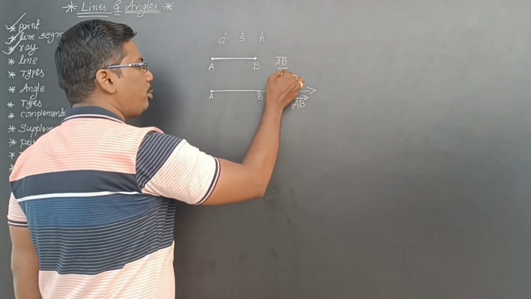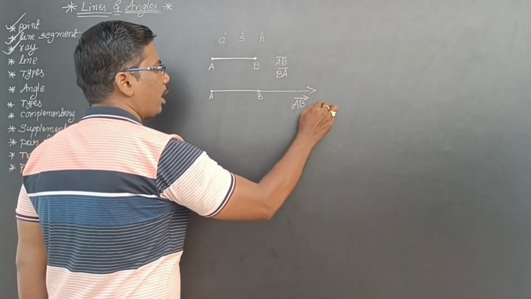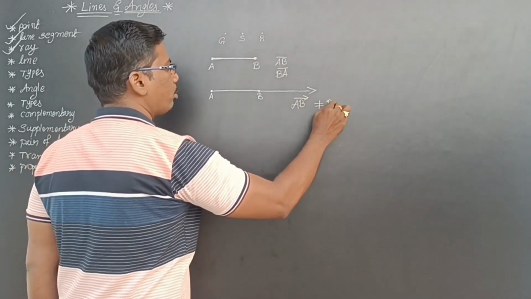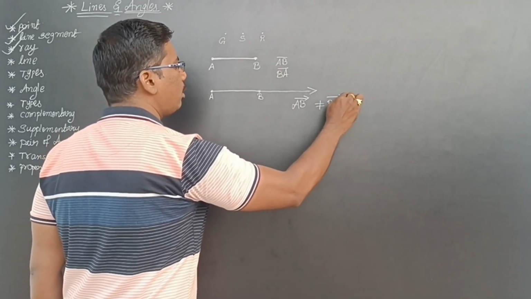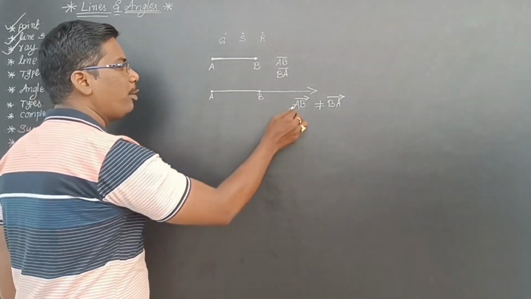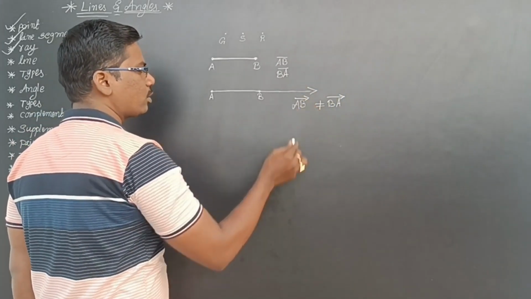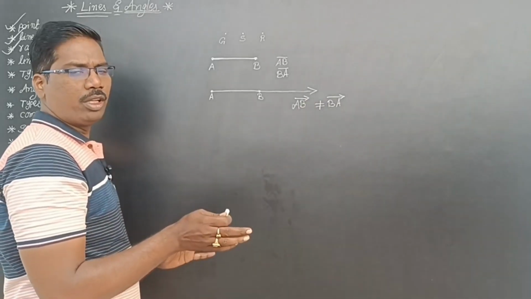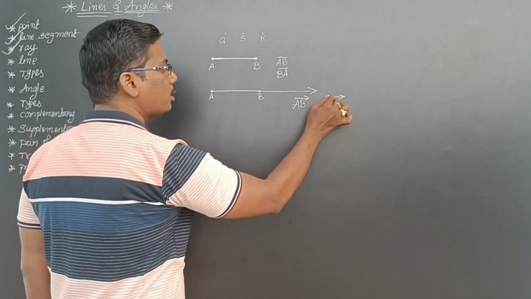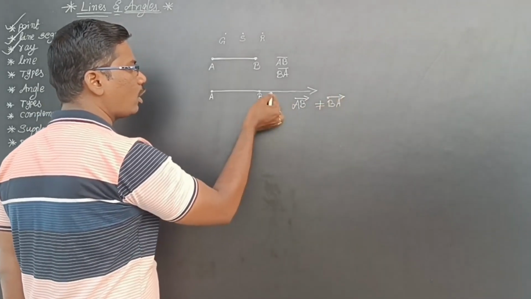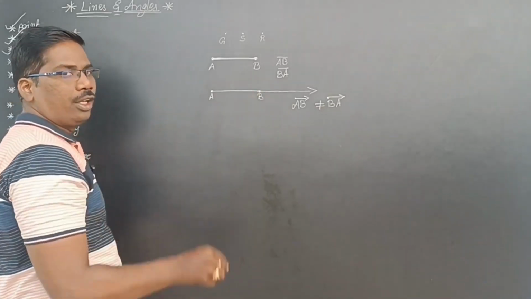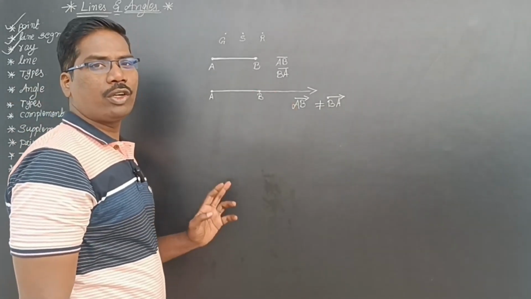Here AB line segment and BA line segment are the same, but here both are not the same. So BA ray is not equal to AB ray. Why, sir? AB ray means the starting point is A, so B is in the middle of the AB. But BA ray has starting point B, so that is a different ray. That's why AB ray is not equal to BA ray.